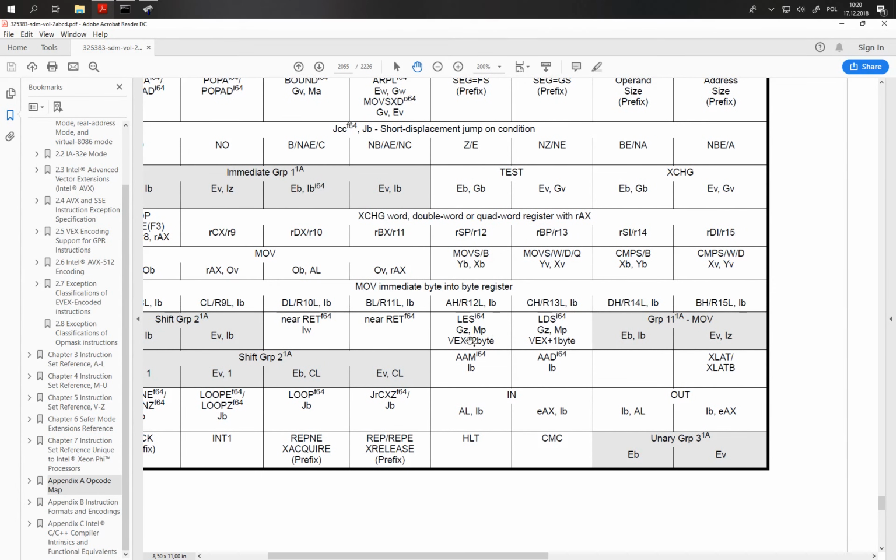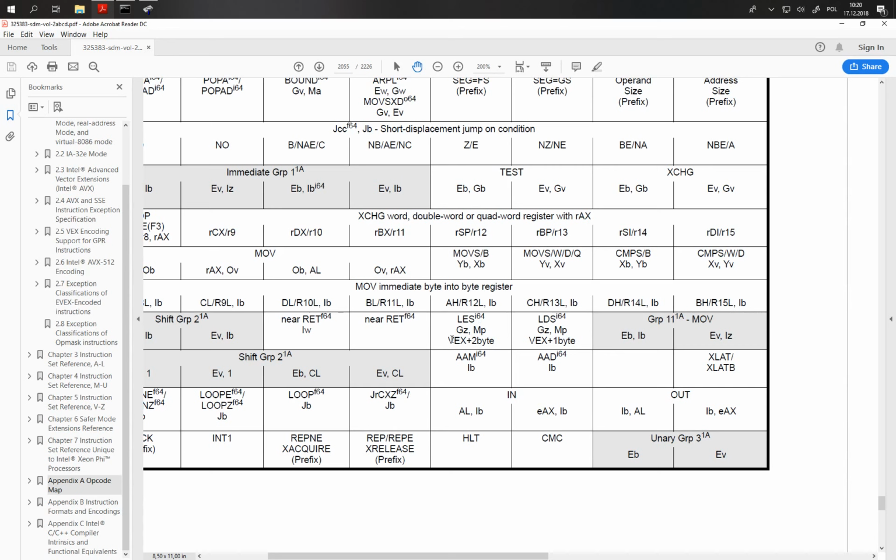VEX prefixes use codes of LES and LDS instructions. These instructions required a memory operand. Encoding them with register operand was not allowed. It was an invalid instruction. So it was possible to reuse this code even in legacy modes, even in 16-bit mode and 32-bit mode.